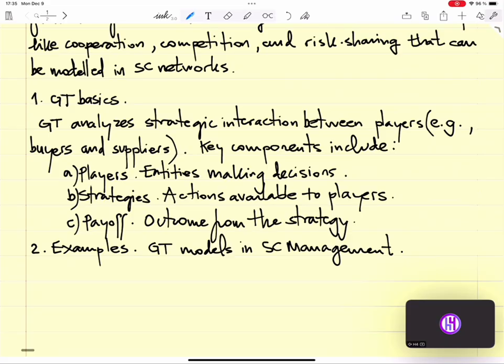These are standardized. You can, of course, look at them in more detail. There is a whole theory behind them. One is called the prisoner's dilemma in supplier relationships.